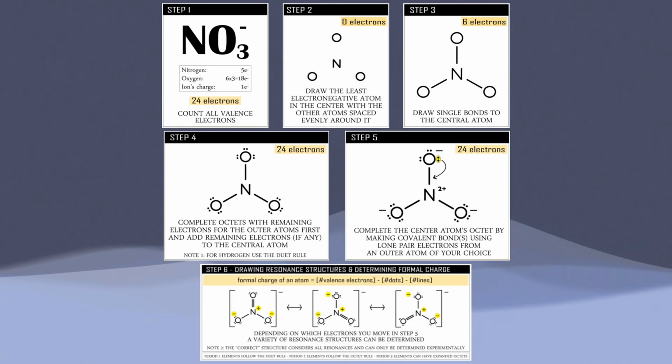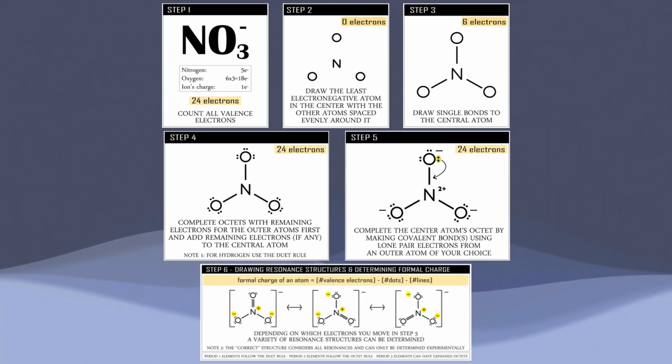And so you can see in our structure here for nitrate ion that the oxygen should be negatively charged because there are 7 electrons directly on the oxygen atom, whereas it should have 6 in terms of its valence electron capacity.